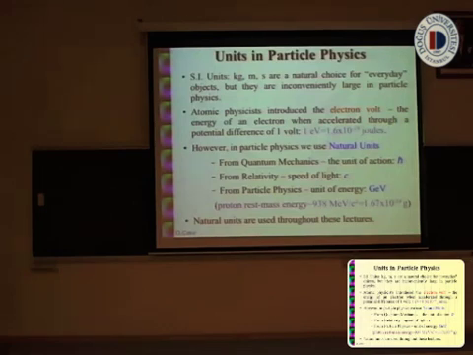For this reason, let's calculate the proton rest mass energy here, 938 MeV. If we take c equal to 1, then we have the mass unit in the energy unit. We use these units in all the lectures.